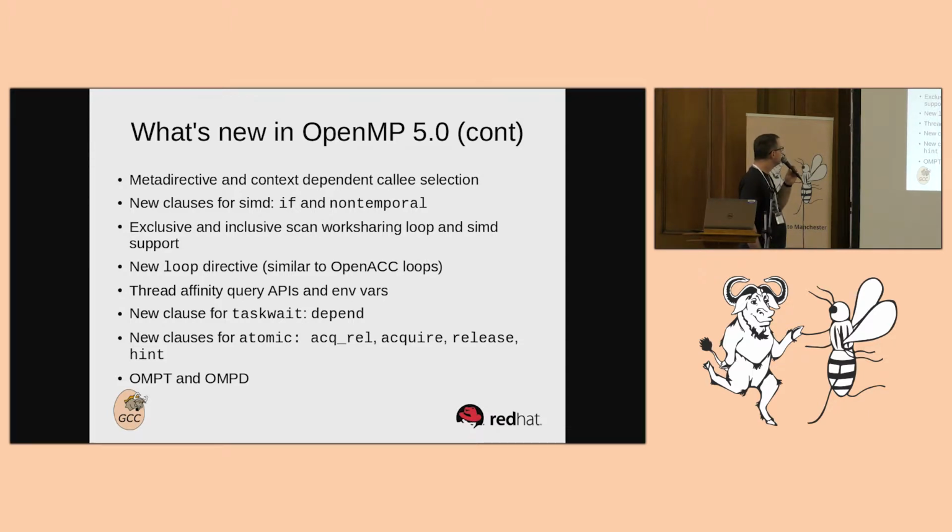And there is also another directive where you can select the implementation of certain functions, like you can specialize some function with a special version for if you are inside of teams, or a special version if you are inside another construct. But it can also specialize if you are inside of a simd region and some variable is considered linear inside of the loop with this linear step, and so on.